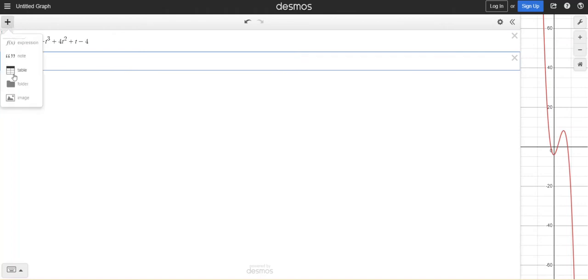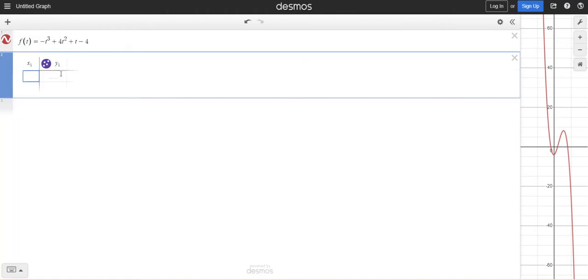I'm going to plug all of my test values into that quickly and easily using a table. Every value I give it, I want it to find f of x1.